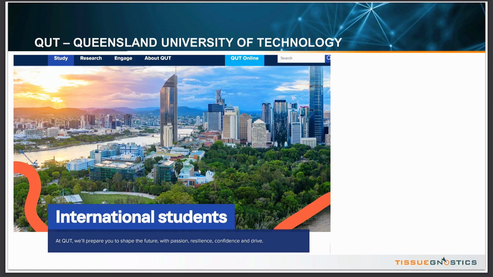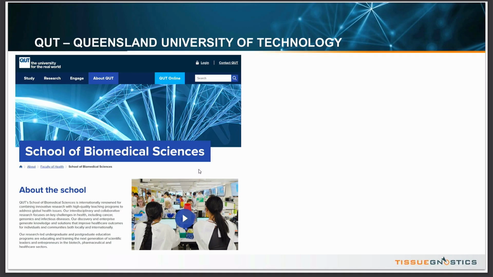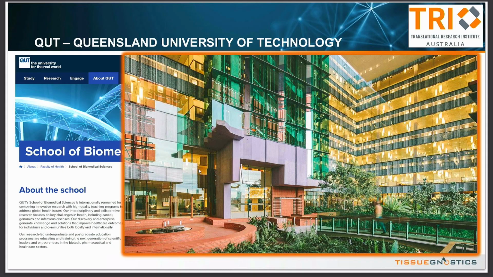Just a word about QUT, a little bit of advertisement for my university and for Australia. It's based in the wonderful city of Brisbane in Queensland, and it's doing pretty well in the international ranking. I belong to the Faculty of Health, School of Biomedical Science.